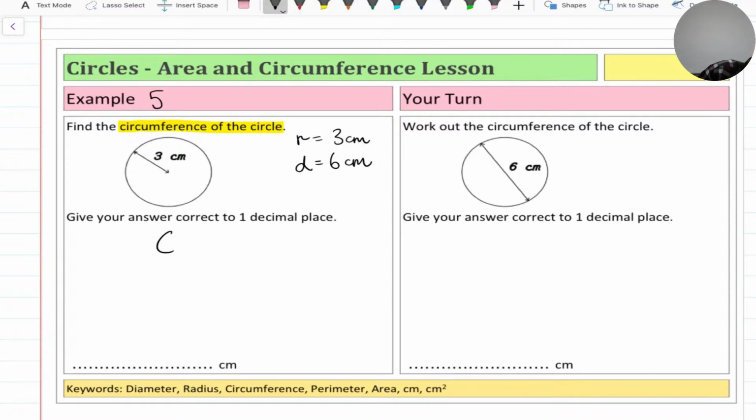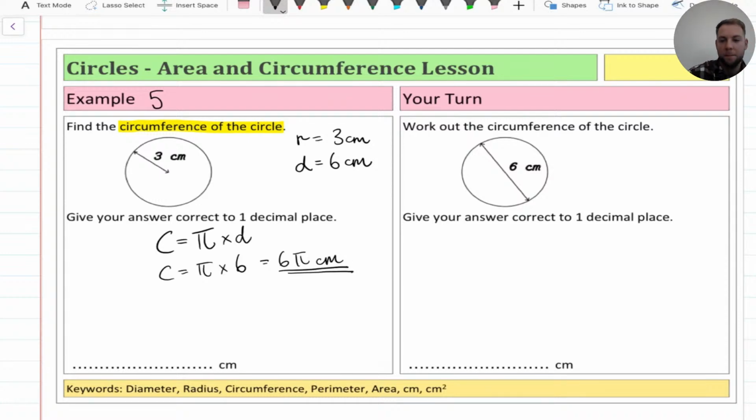And your circumference is equal to pi times d, which is diameter. So C is equal to pi times 6. And pi times 6 is equal to 6 pi centimeters this time.